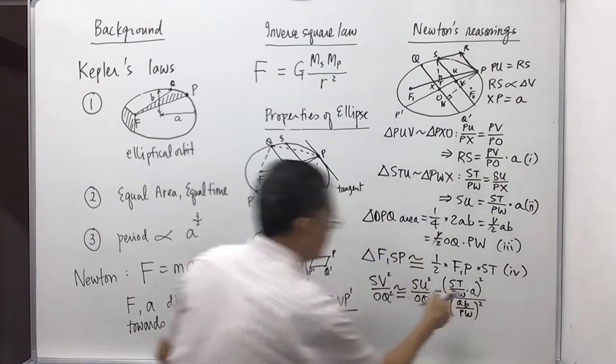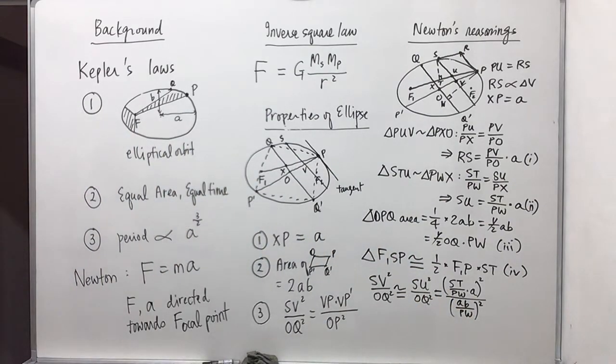Nice. There's a PW and there's another PW. We can actually cancel them out. There's even an A that we can cancel out. Let's just save one more line by giving a name to this area, which we know is a constant.